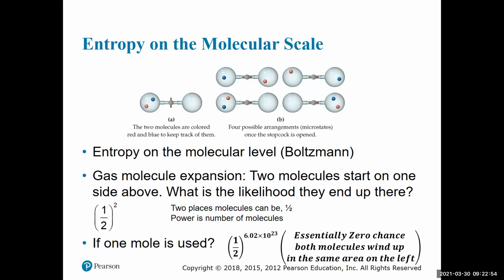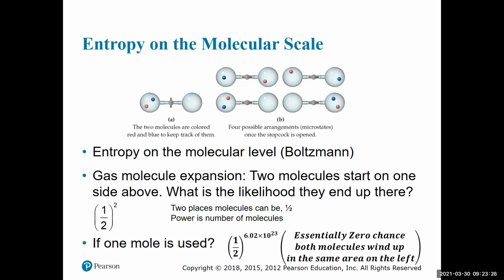And so if we started with one red one and one blue one on the left, and then we opened it up, what are the odds that we have them both on the left, like we started out? Well, you can actually do that calculation.